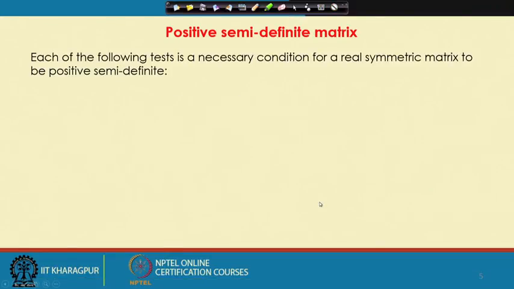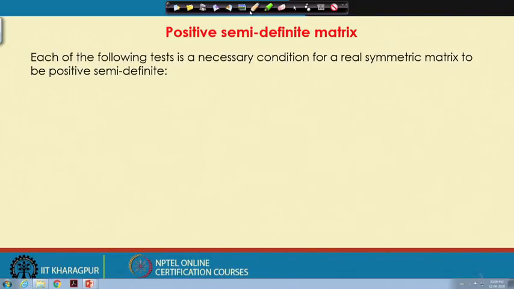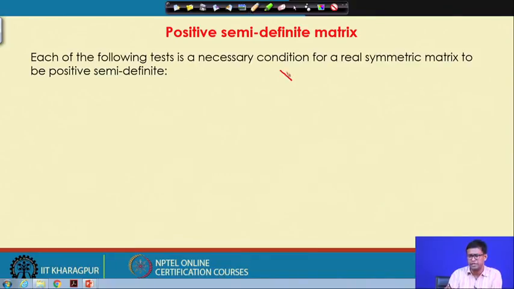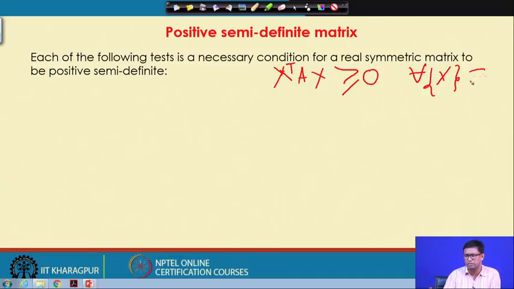There is another term called positive semi definite matrix, and positive semi definite means this is not negative. X transpose Ax is greater than or equal to 0 for all x. So, it is possible to have x transpose Ax equal to 0 also; it is not necessary that x transpose Ax is always positive, it can be 0 also, but it is never negative.